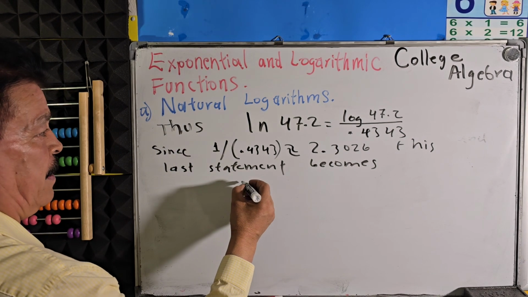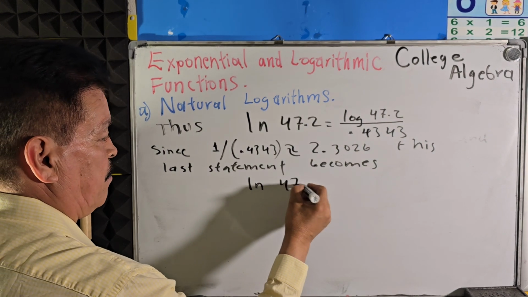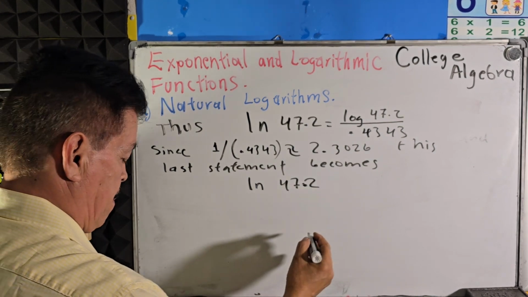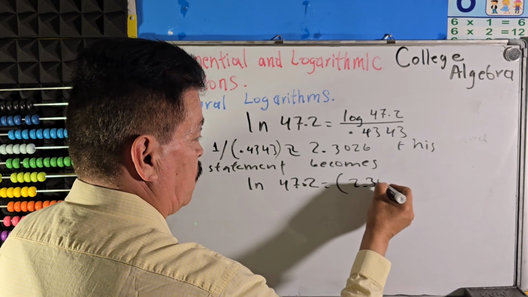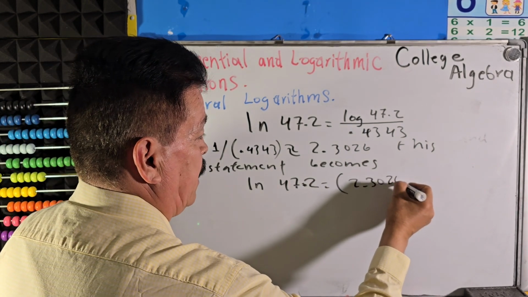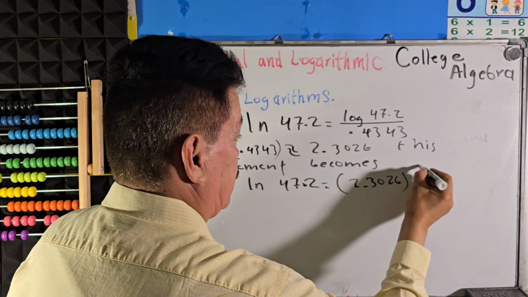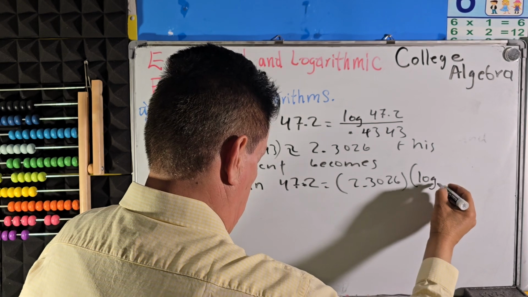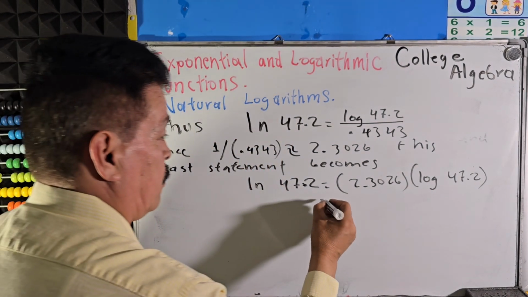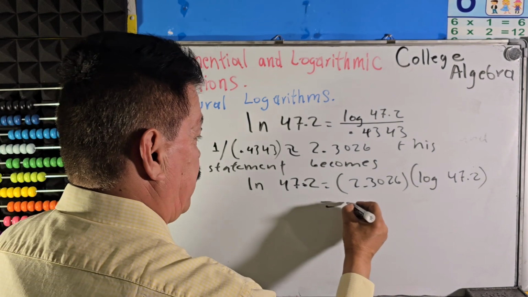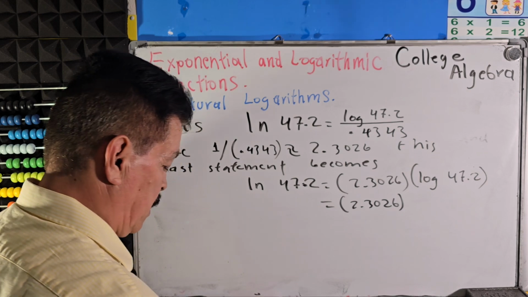Just write natural log 47.2 equals 2.3026, this number right here, times log 47.2. All right, so if you multiply those, we will have 2.3026 times the other side.